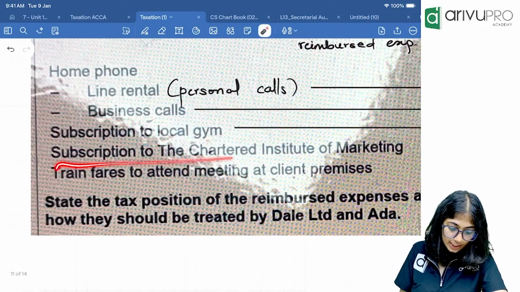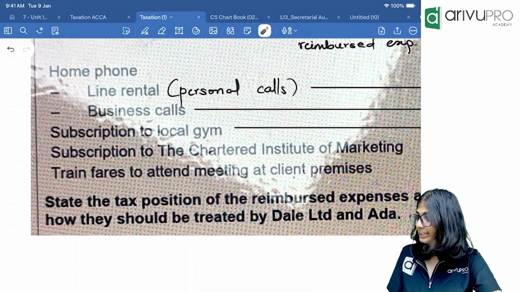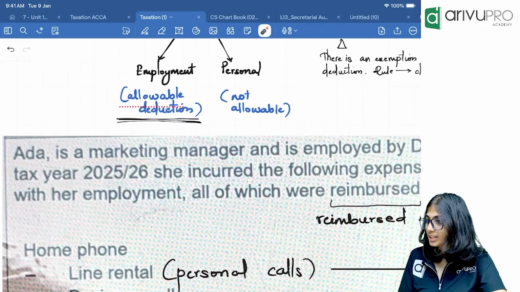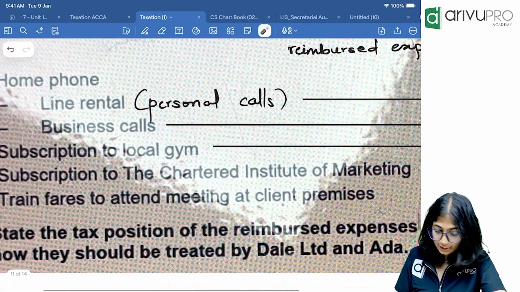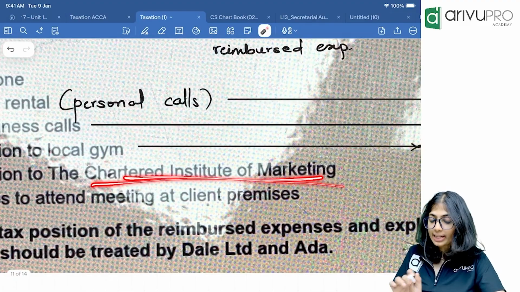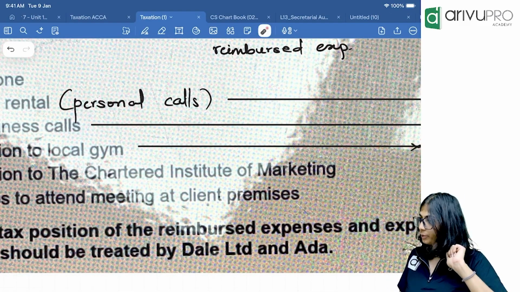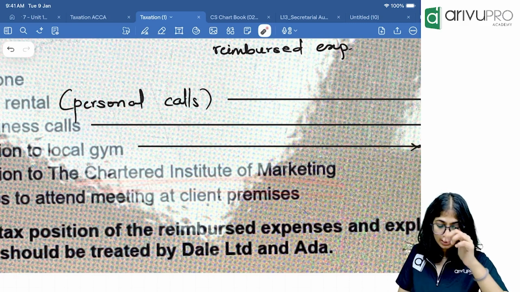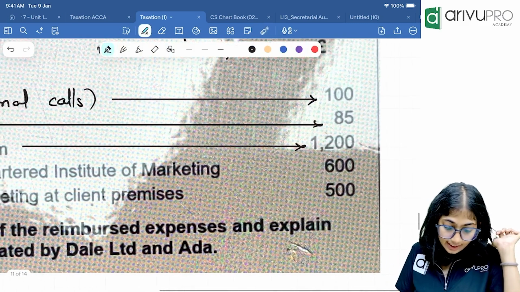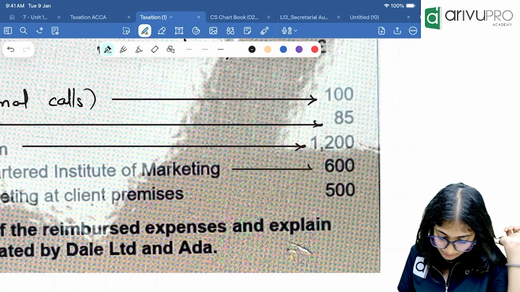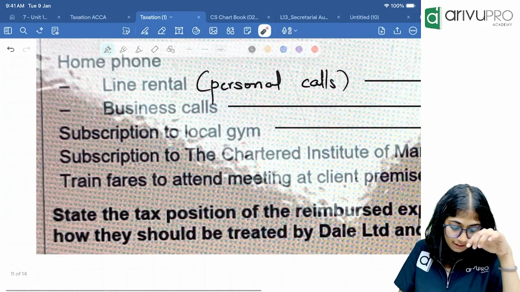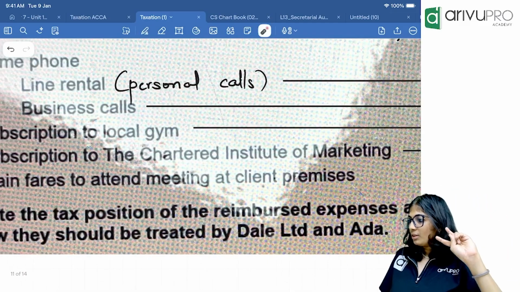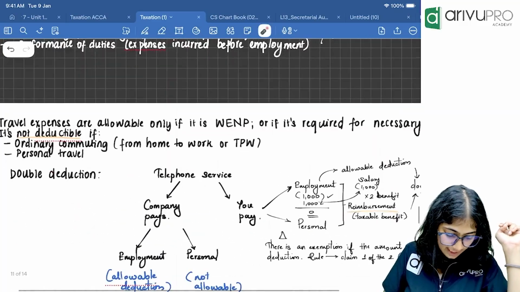Then, Chartered Institute of Marketing. What is her position? Marketing manager. She paid a subscription to a professional body called the Chartered Institute of Marketing. Is this relevant to your work? It is. It should be relevant to your work. And they had reimbursed for that. Then, train fares to attend a meeting at client premises. What did we learn about travel expenses?